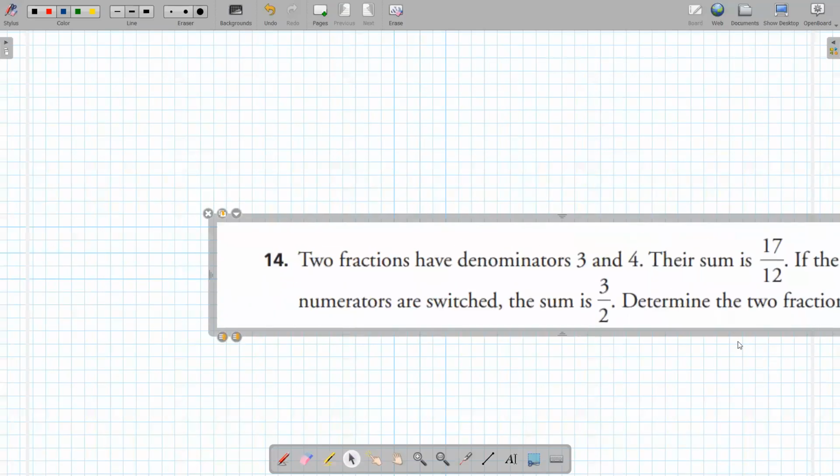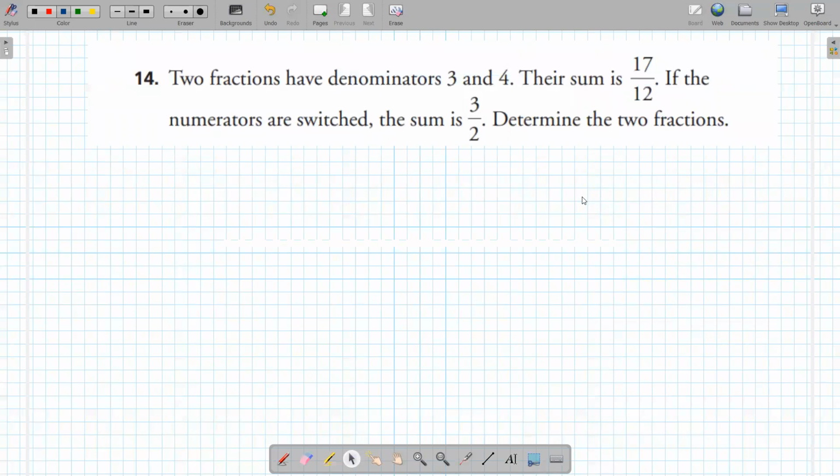Let's try this one. Read this question. Tell me what x and y are. They're going to be the numerators.